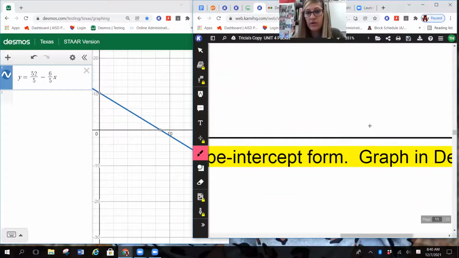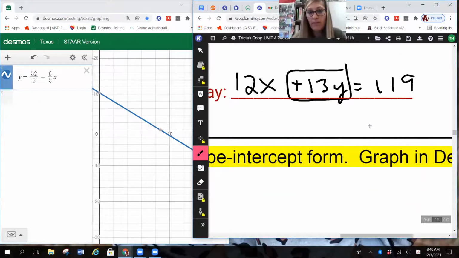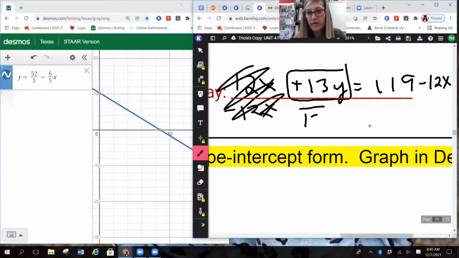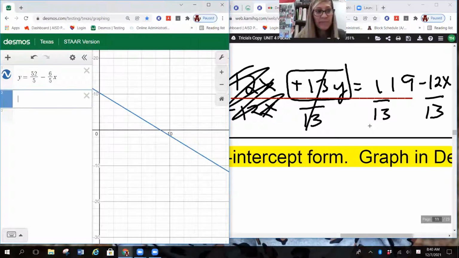Now let's do the other equation. Box the y, move the x, divide, divide, divide. Divide by 13, divide by 13. None of that looks friendly. So I'm just going to type it in like I see it.